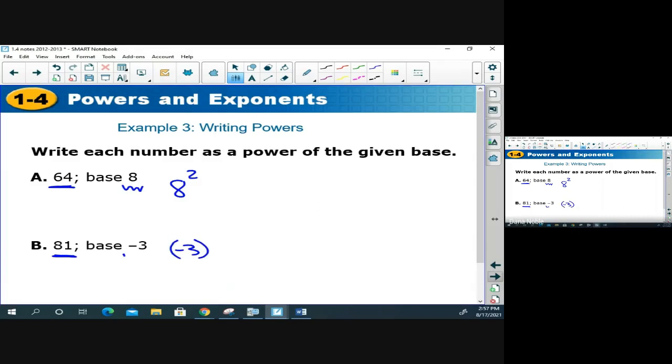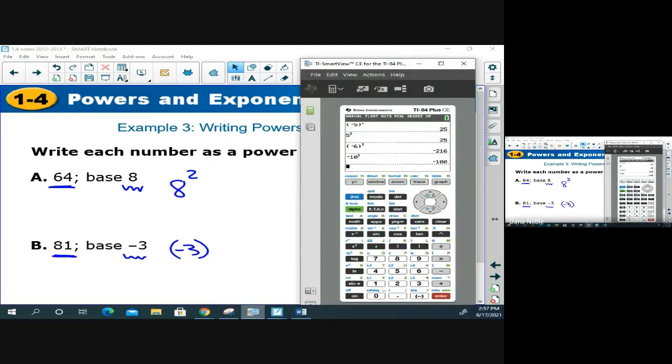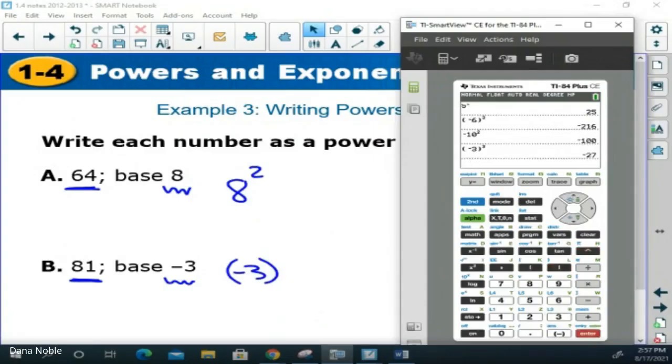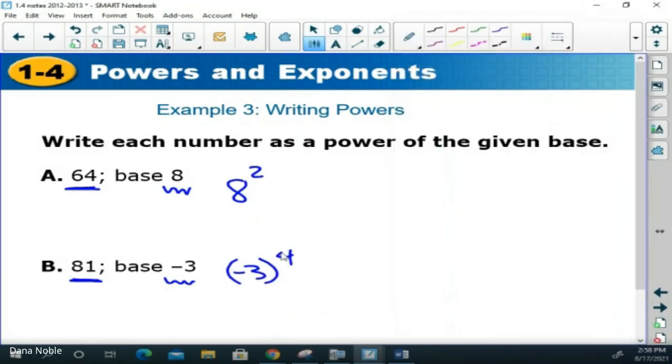Well, in this case, I don't know this one offhand, so I probably pull out the calculator and say, open, -3, close, caret to the third. -27, not enough. So now I would try open, -3, close, caret 4. There it is, it's the 4th power. Using a little guess and check in the calculator to get that 4th power up there.